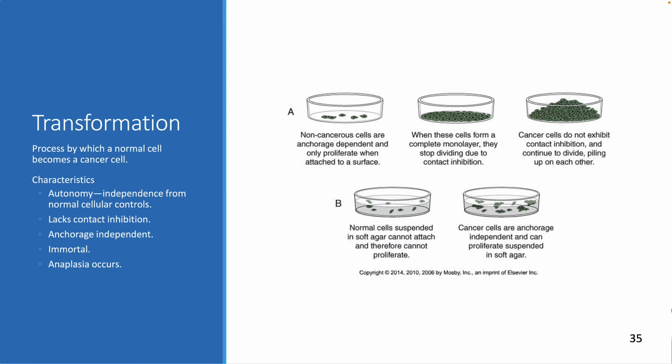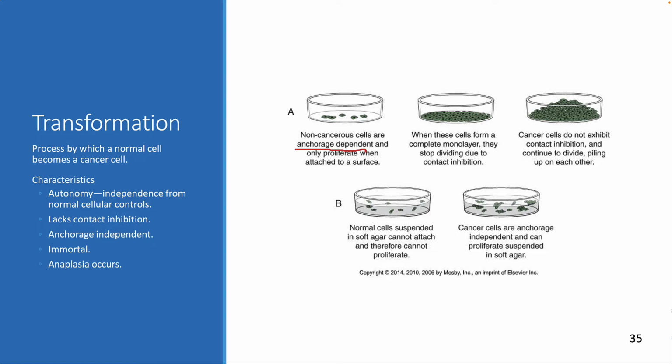So one of the early things that happens in cancer cell development is this transformation. This is where the cell actually becomes a cancer cell. And several things happen to cancer cells that are described here. One is that they are not anchorage dependent.